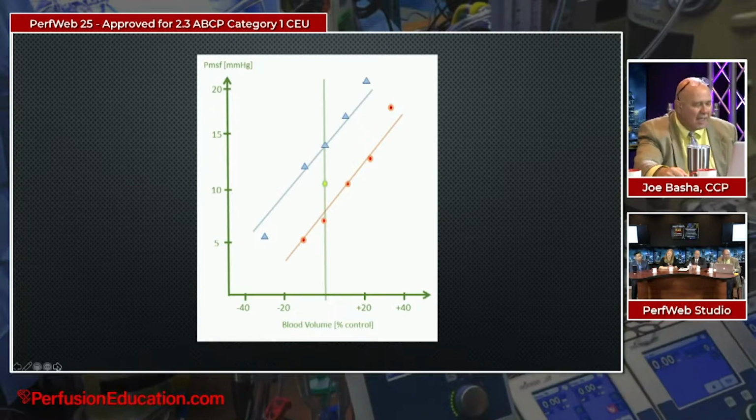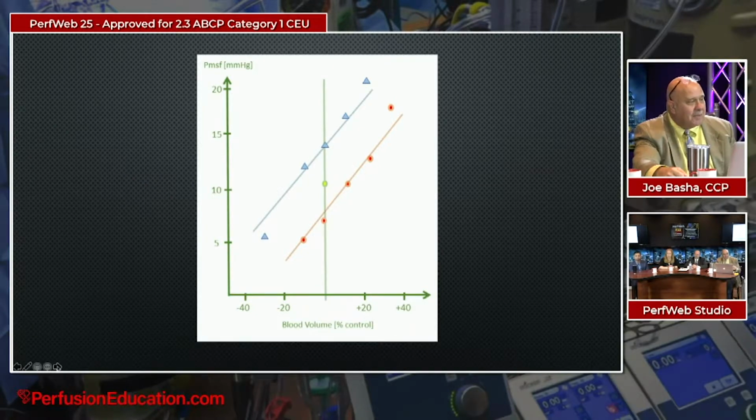You're going from a queen back to a twin, and so your tank size has decreased given the same volume. What happens? Your mean systemic filling pressure goes up, over all spectrums of blood volume. So you can be hypovolemic, but still have a better blood pressure because what you're doing is making the tank smaller. You can increase your venous return given a particular blood volume simply by decreasing the size of the reservoir.